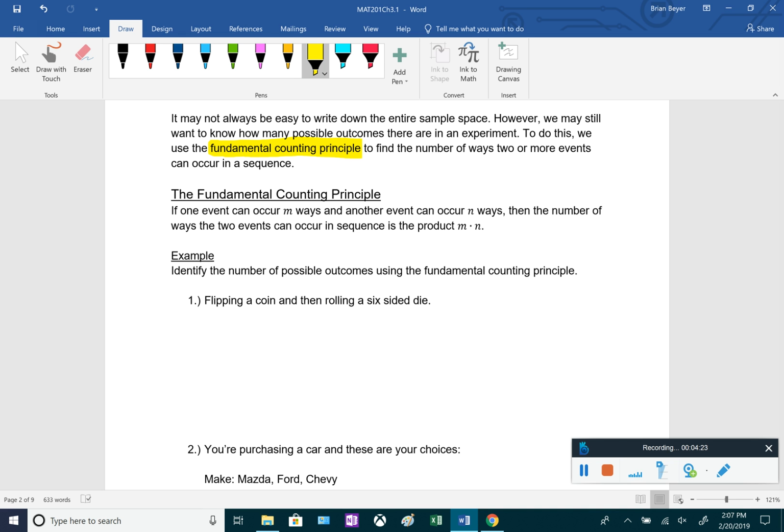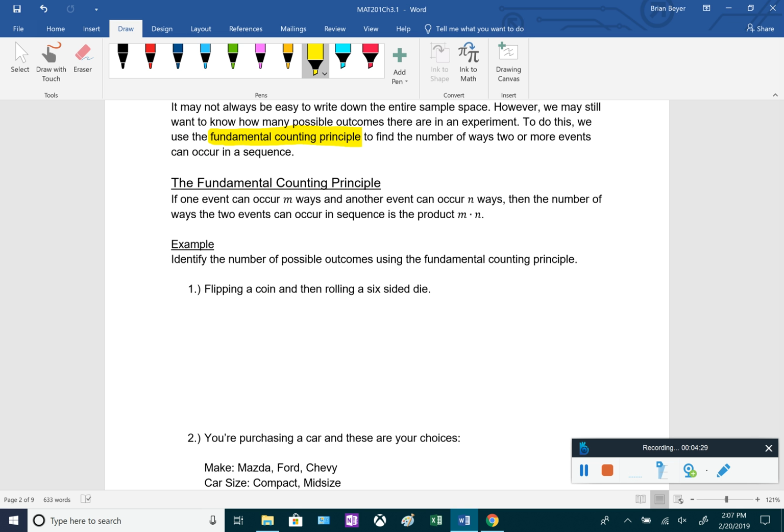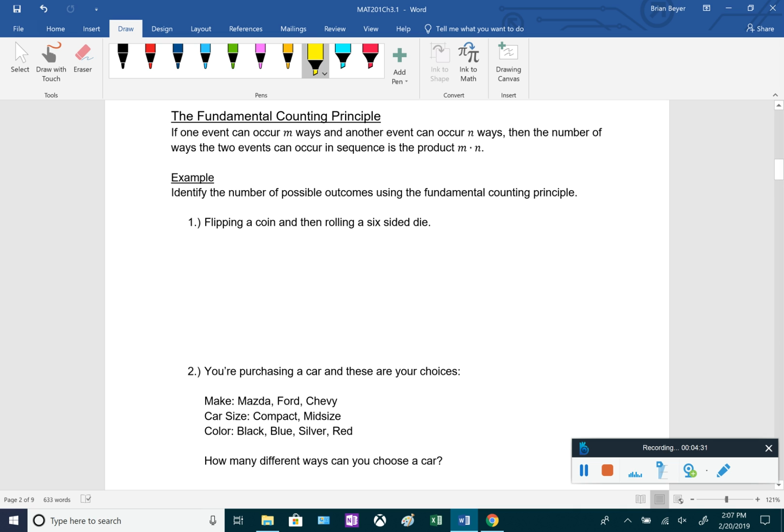The fundamental counting principle is going to find the number of ways 2 or more events can occur in a sequence. What it says is that if one event can occur m ways, so m and n are just going to represent number of ways, and then another event can occur n ways, then the number of ways that 2 events can occur in a sequence is going to be the product m times n.